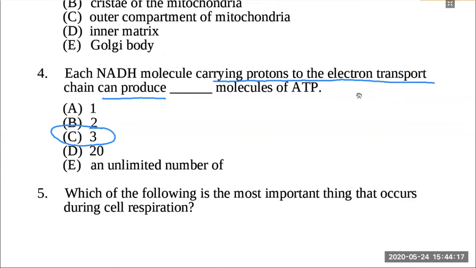And also we have FADH2, which produces 2 ATP molecules, okay? While NADH produces 3 ATP molecules. So that's about the fourth question.